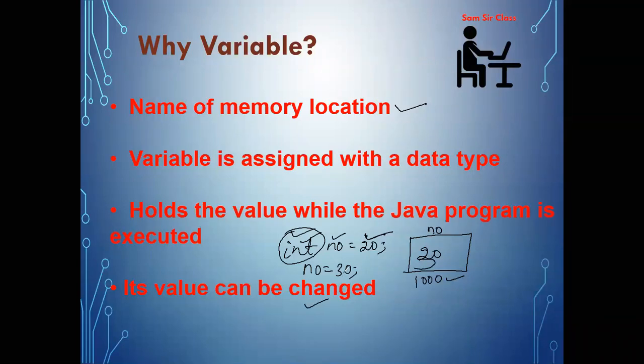So this is what a variable is all about. A variable is required to store a value in a particular location along with a data type, and if you are not providing the value, the JVM will provide the default value of the data type, and the value can be changed.